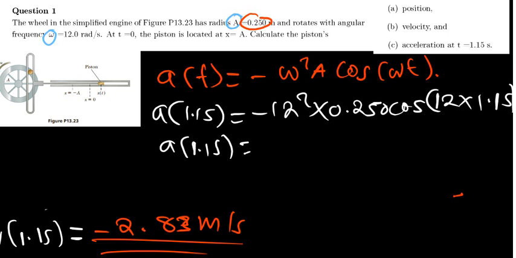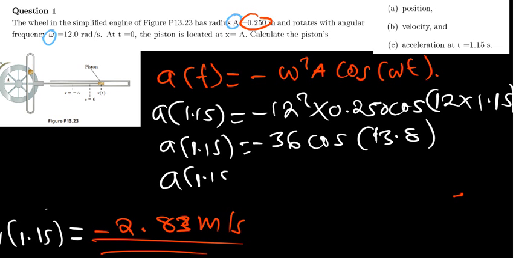So negative 36 cos, and inside I can say 12 times 1.15, which is 13.8. Then the acceleration at time 1.15 is going to be negative 36 cos of 13.8. I'm getting negative 11.91 meters per second squared.